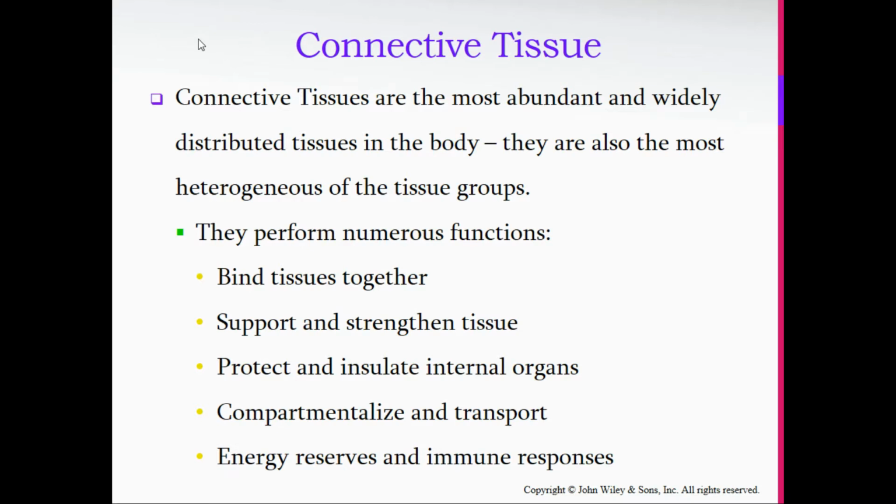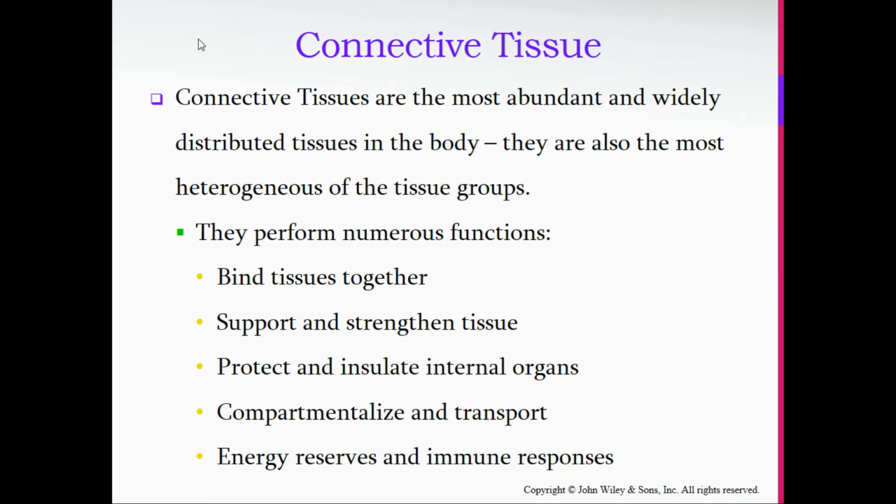Connective tissue is the most abundant and widely distributed tissue in the body. They are also the most heterogeneous of the group, meaning that they're very different from one end of the spectrum to the other.